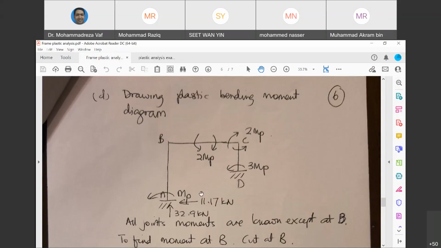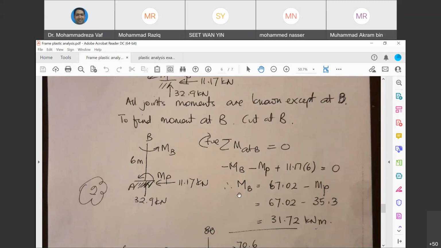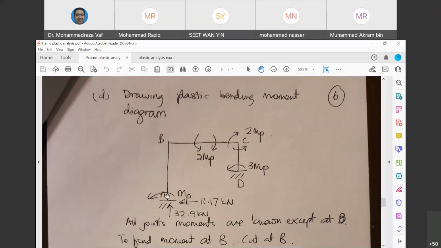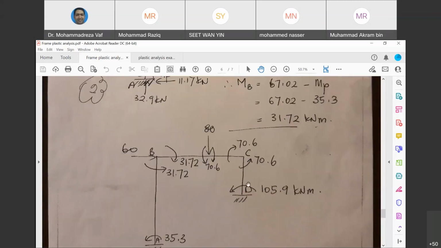The moment you get the support reactions, you can easily calculate the bending moment at B. You just cut it from there and write down sigma M at point B equals 0, and you can calculate the value. So right now we know the value of the bending moment here, here, and here, and here, and here. We just need to put them there and connect them to each other to get the bending moment diagram, considering the positive sign for bending moment.